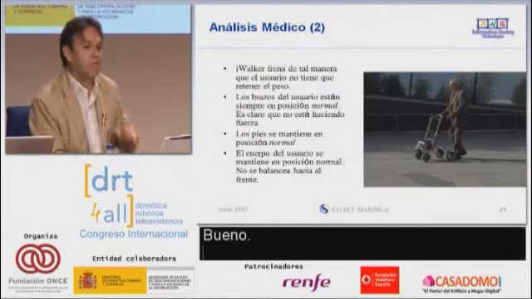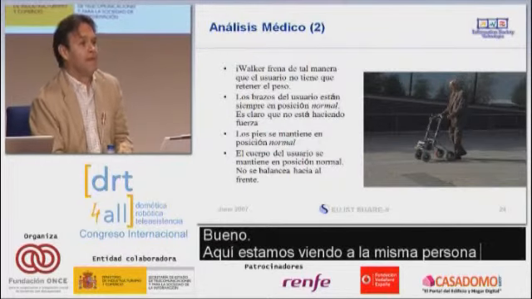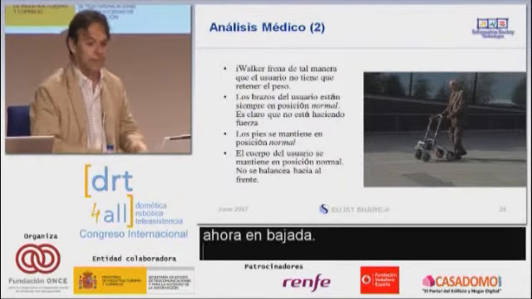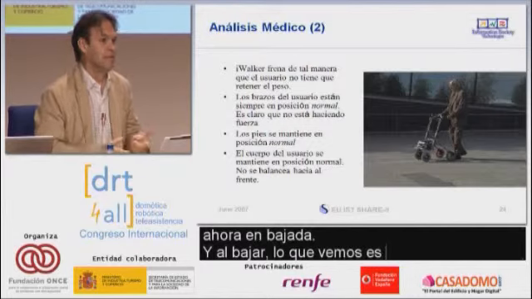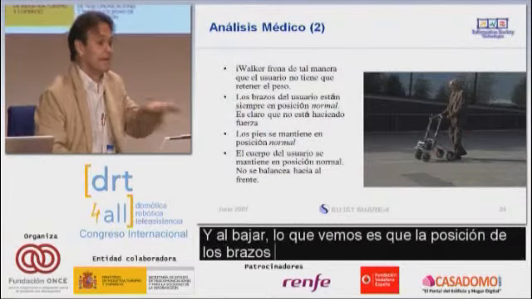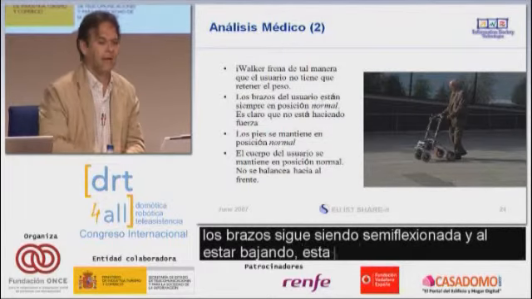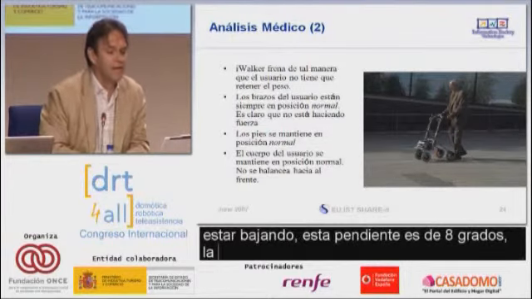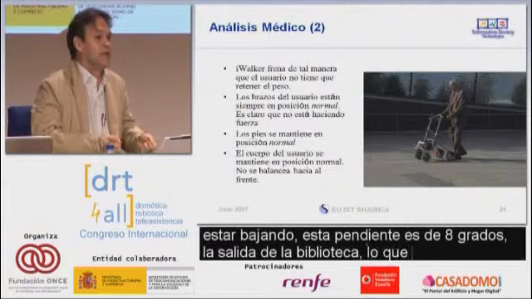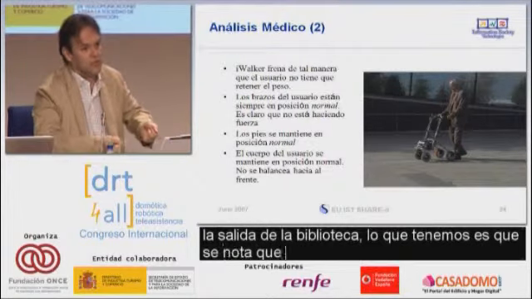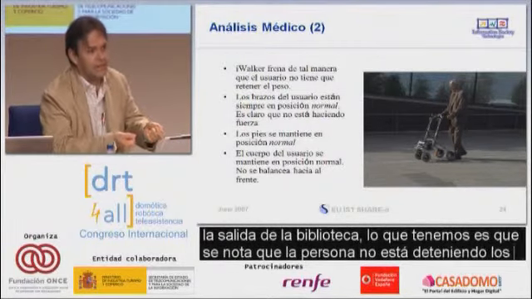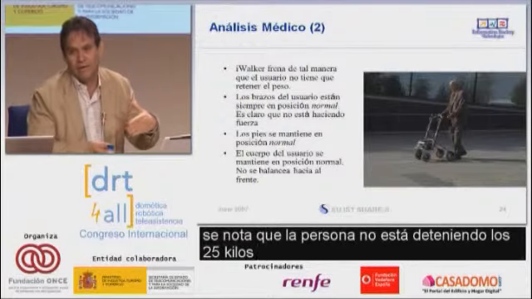So now we are seeing the same thing, but in a downhill descent. The position of the arms is semi-flexed, and since it's downhill, it's an 8-degree slope at the exit of the library. So what we have here is that the person is not stopping the inertia of the downhill walk.